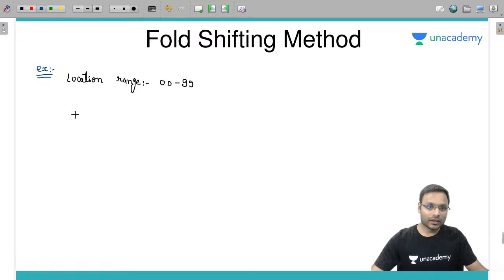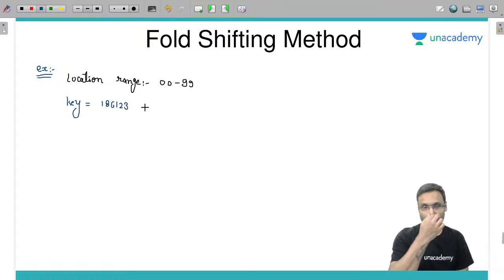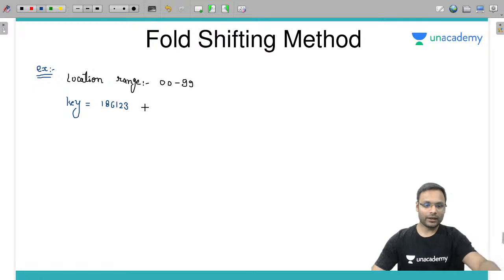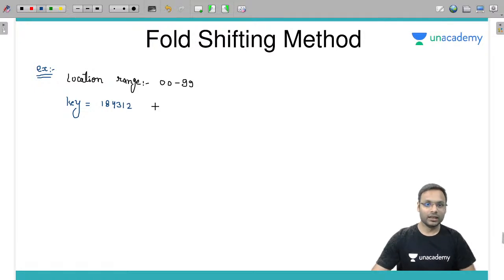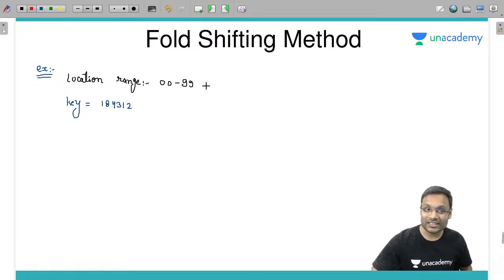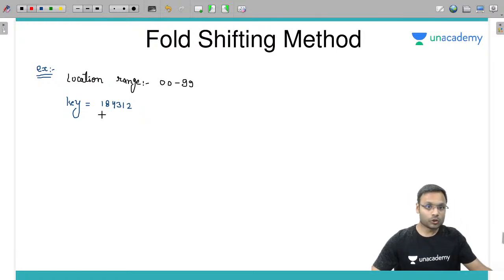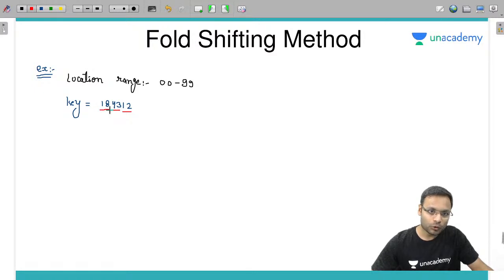And the key which I want to store is, let me make it even smaller, that will be better, 4312. This is the key. Now tell me how many digits are there in the location range. 2 digits. So do one thing, just make folds of 2 digits.